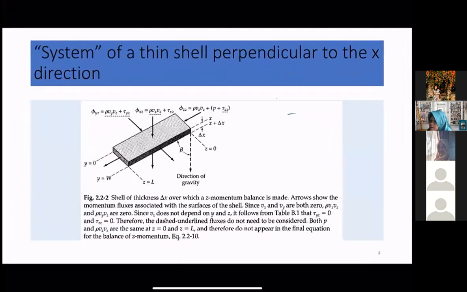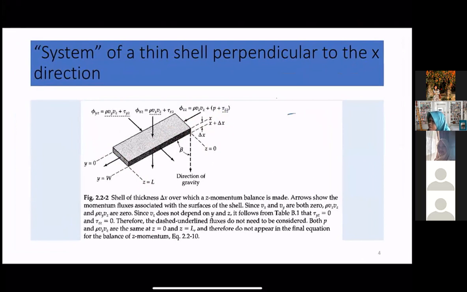This is called the shell. The shell starts from x to x plus delta x, and from z equal to 0 to z equal to L, and from y equal to 0 to y equal to L. So this is this thin shell. That's why we call it the shell momentum balance.